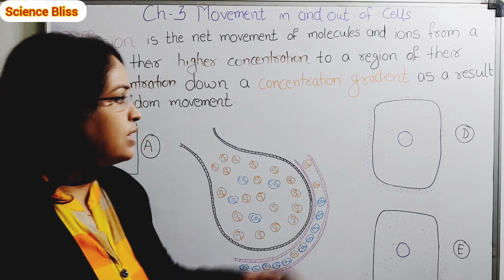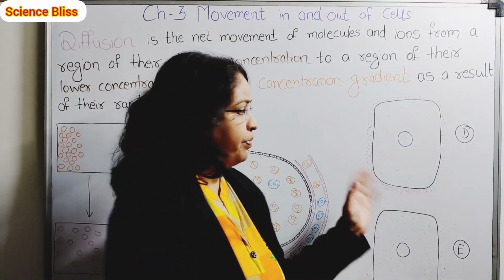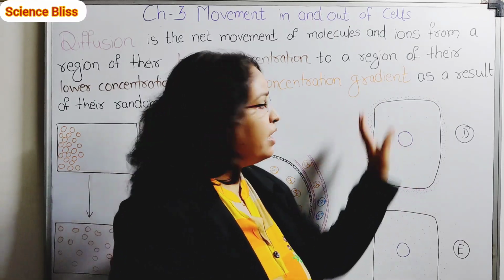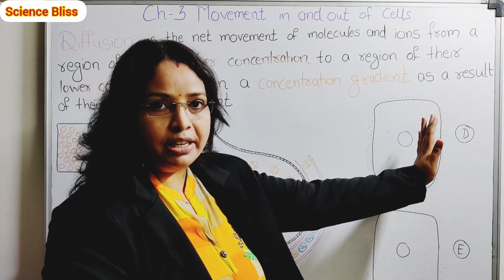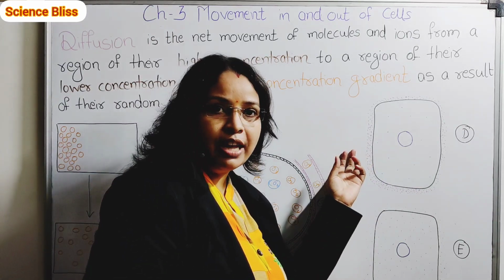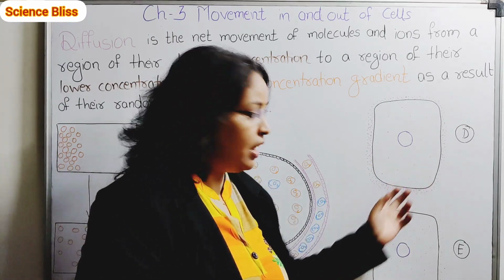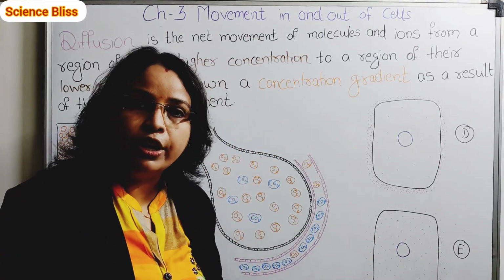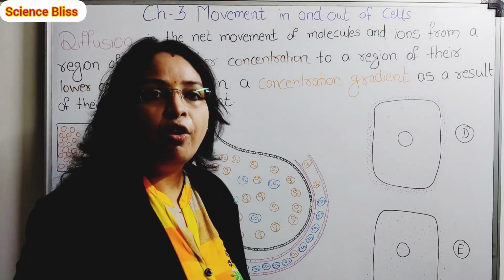Another example is a cell. Outside of the cell, there are many molecules concentrated. After some time, they have diffused from outside of the cell to the inside, and there is an equal, even distribution of these molecules. So again, this is an example of diffusion.